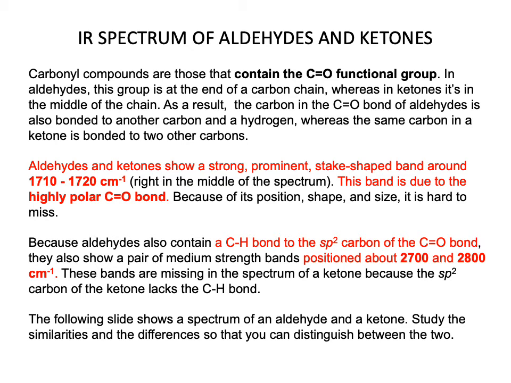This band is due to the highly polar CO double bond. And because the aldehyde also contains a CH bond to the sp2 carbon of the C double bond, we have another vibration around 2700 to 2800.